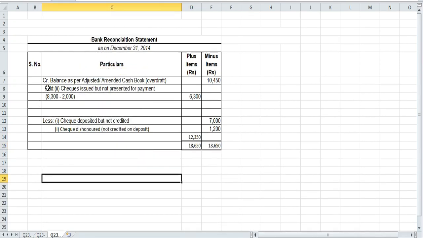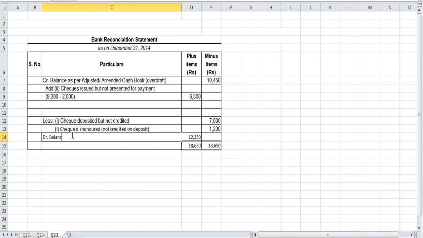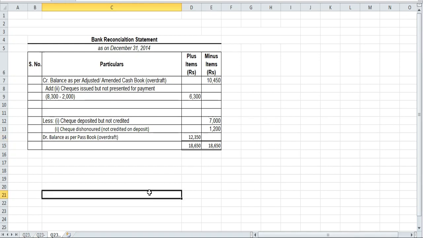Now since this is a credit balance as per adjusted or amended cash book, this credit balance will become a debit balance as per passbook. Now debit means overdraft, so this will be overdraft. So we are done with question number 23.